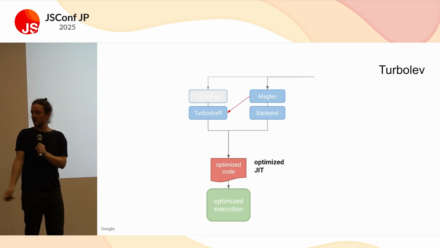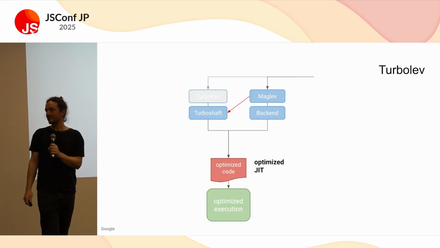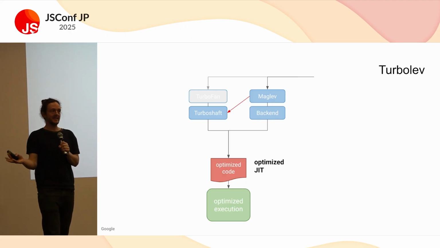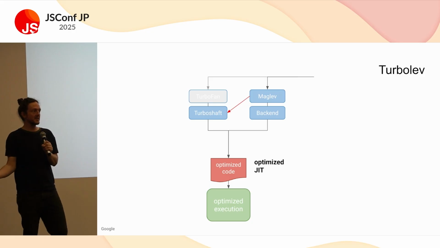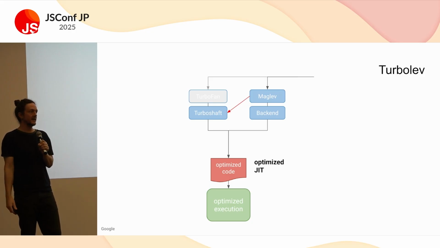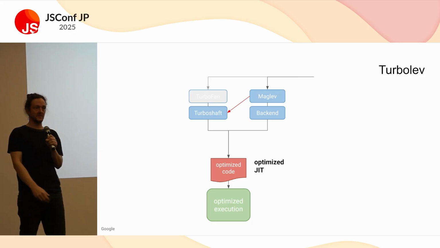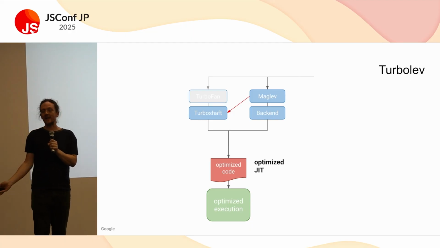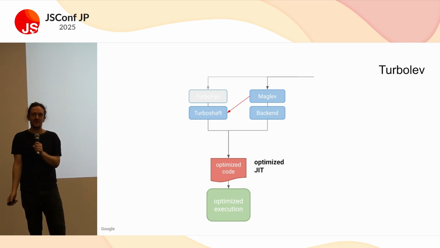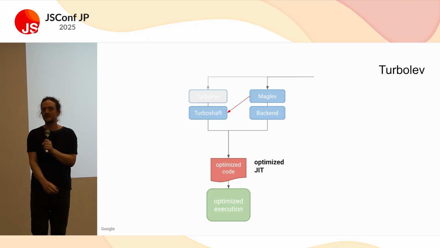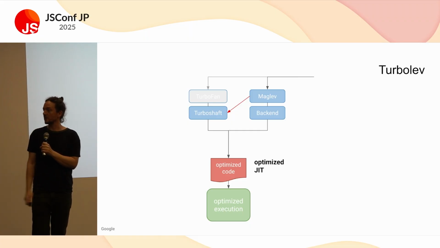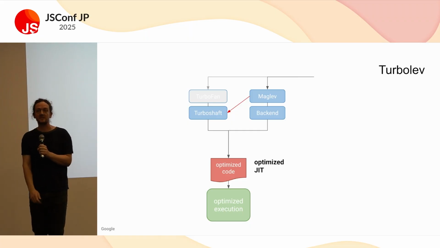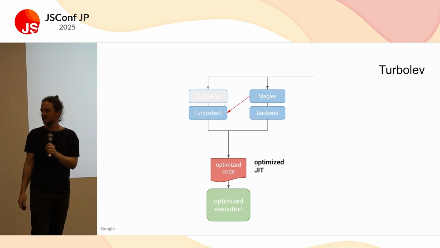So the TurboLev idea is that we take Maglev and make it configurable so it can do more or fewer optimizations, but it's the same compiler. Then we add a translation step to the existing TurboShaft backend. By that, we are able to simplify the optimization pipeline quite a lot, because now both of our optimizing compilers will share the same front end. This is ongoing work. We might be able to experiment with it in the wild very soon-ish.